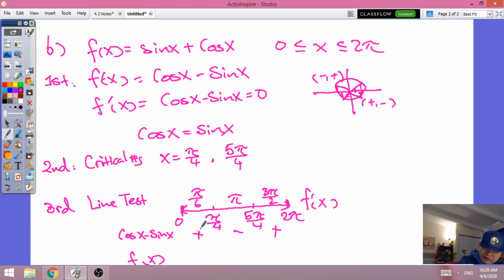If the first derivative is positive, that means f of x must be increasing. f prime of x is negative, so the original function is decreasing. And then f prime of x is once again positive, so the original function f of x must be increasing.